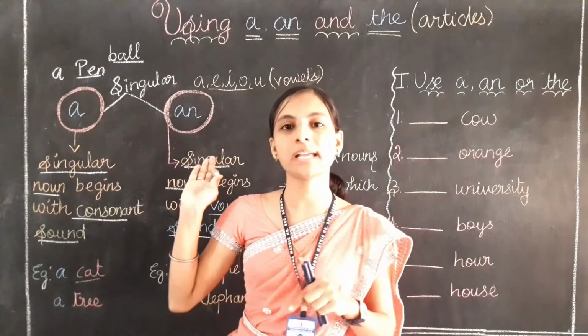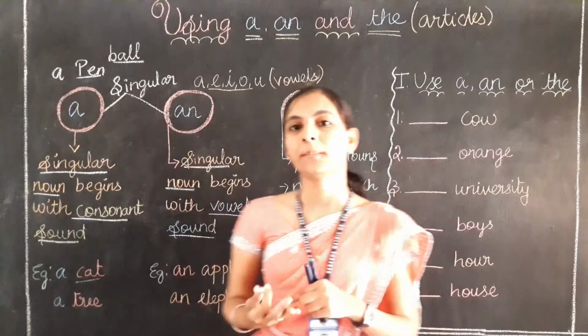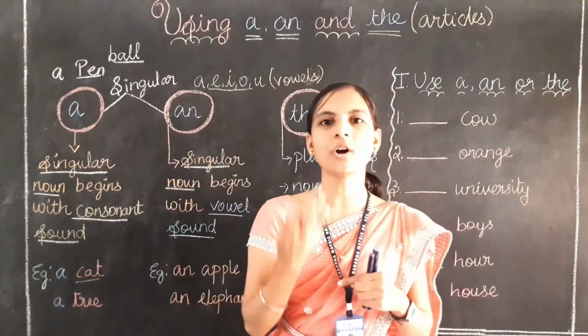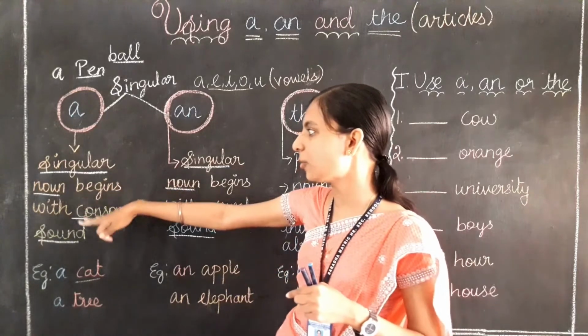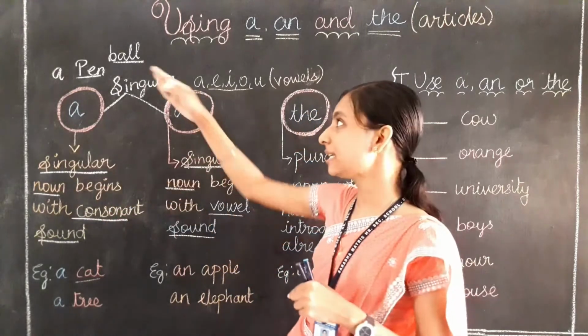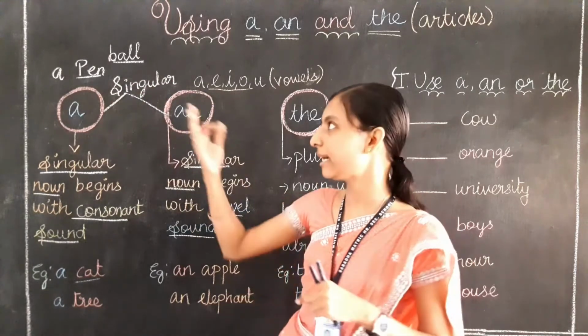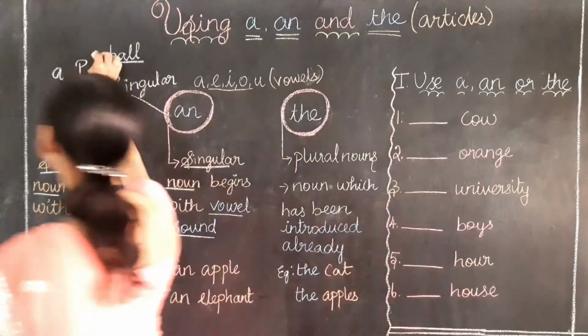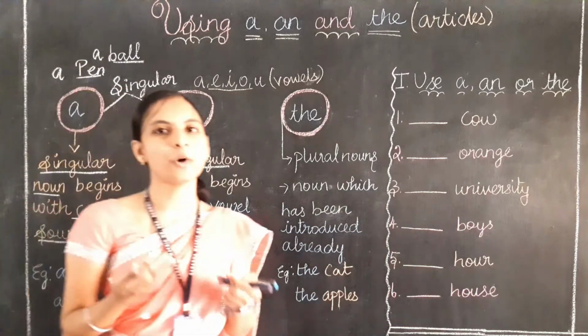Article a or article an? Yes, I can use article a. Why? Because it begins with a consonant sound, right? Ba. That ba refers to a consonant sound only. So it doesn't start with an a, e or i sound. That is why I can use article a to refer to the word ball.